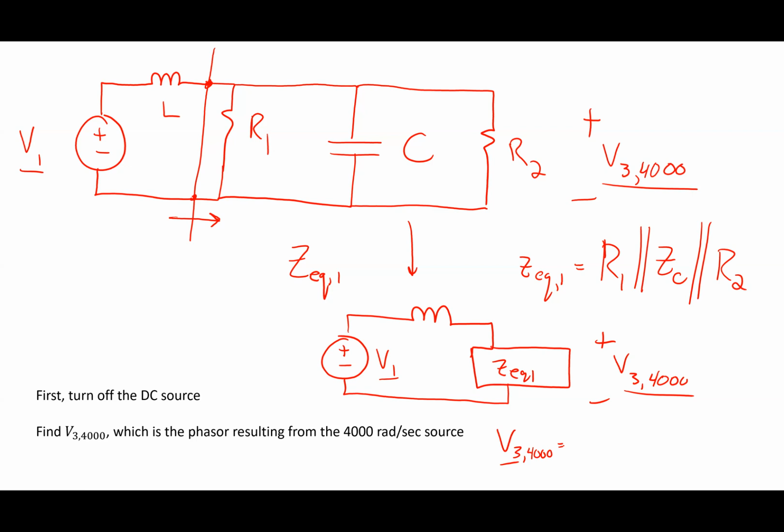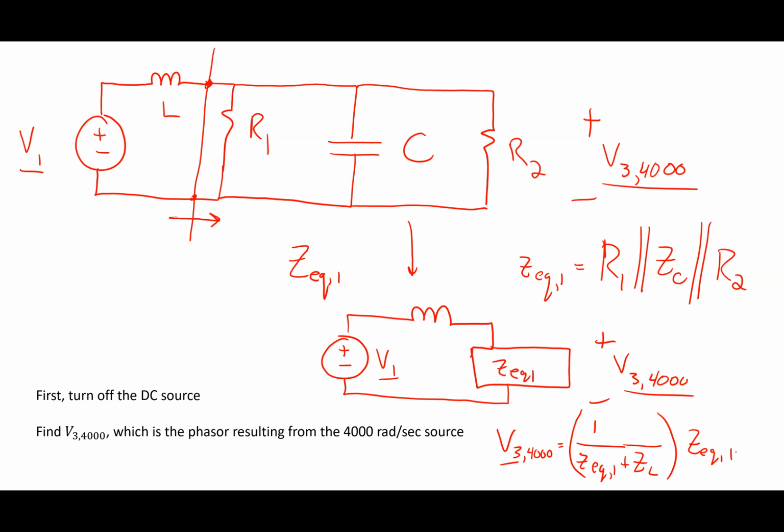V1 over the total impedance. That's the current through the circuit. So how do I figure out the voltage across any one of the impedances? Yeah, the current times the impedance. So basically it's the current, which will be V1 over ZEQ1 plus Z sub L. I'm careful not to say L, right? Because it's the impedance of the L. It's not the L value, it's the impedance of the L. That's the current in the loop times ZEQ1.